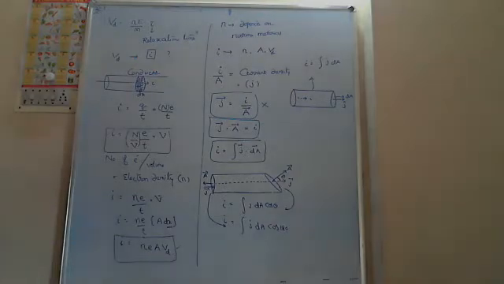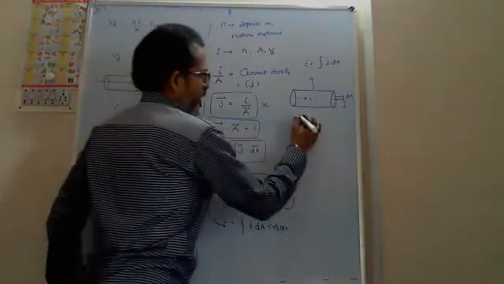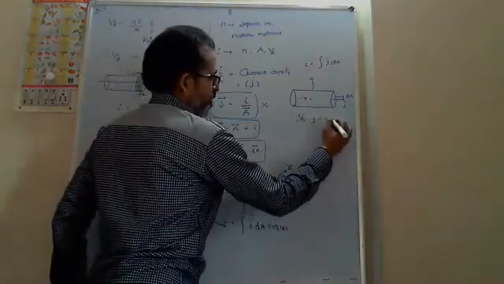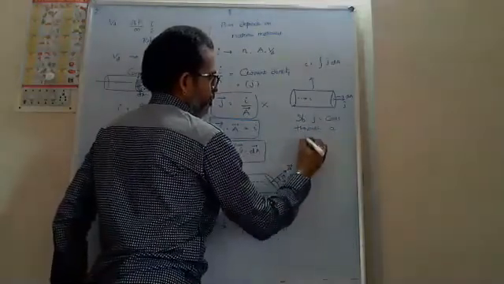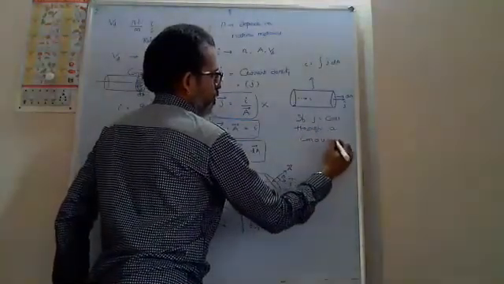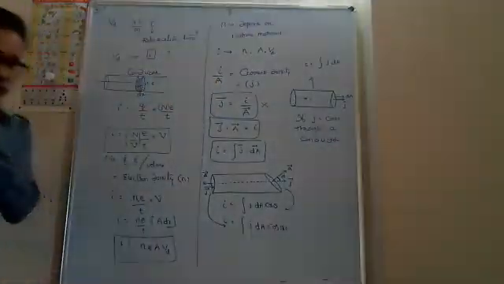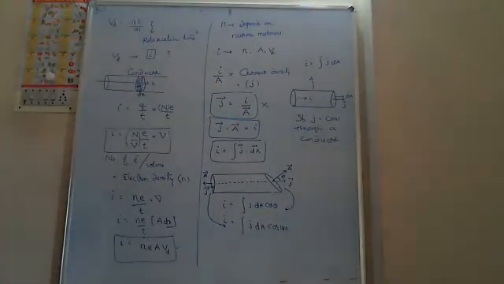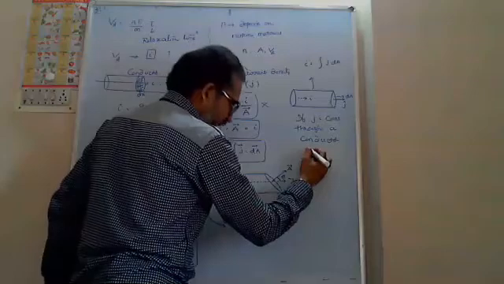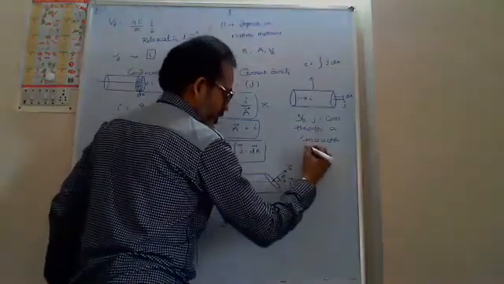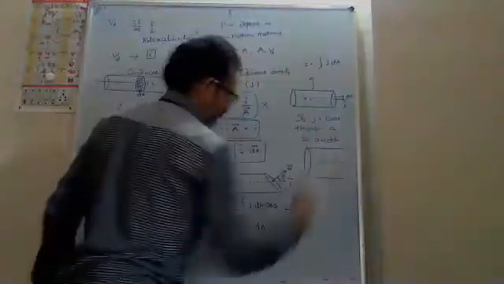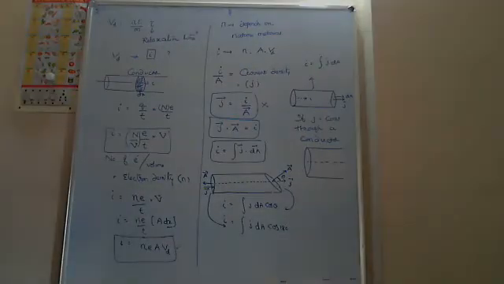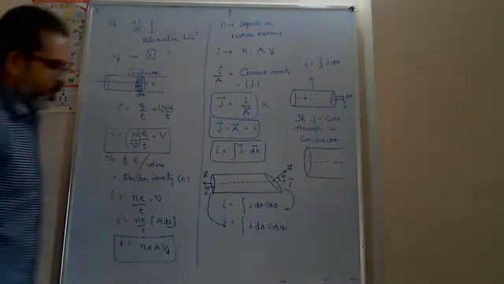And number 2: suppose J is constant through a conductor. Sometimes we have to find not the current through the whole cross section. Try to understand my question here.